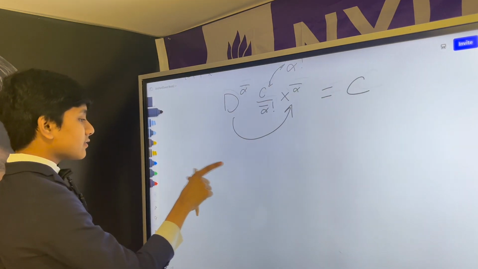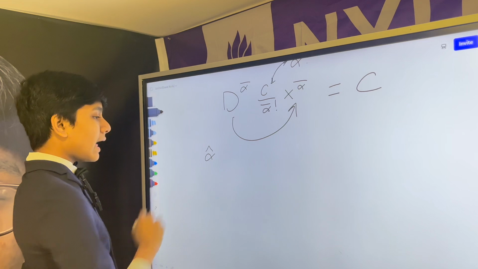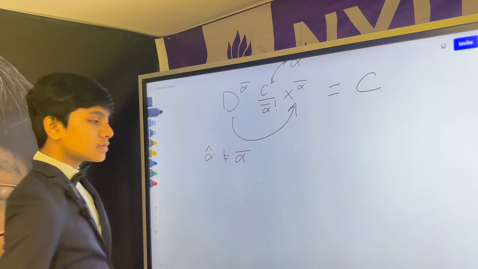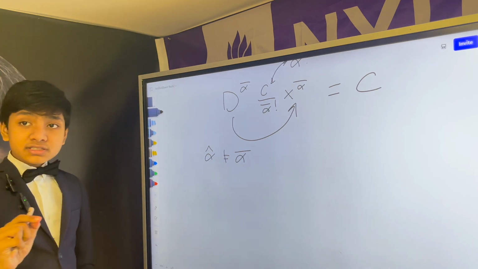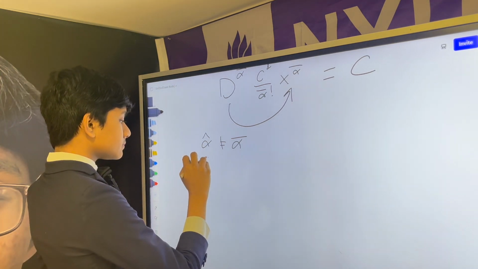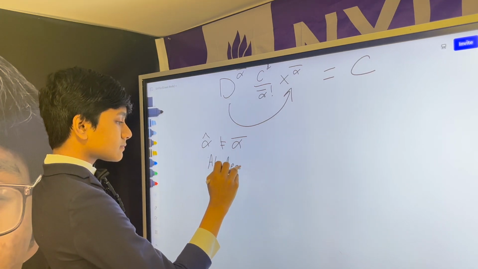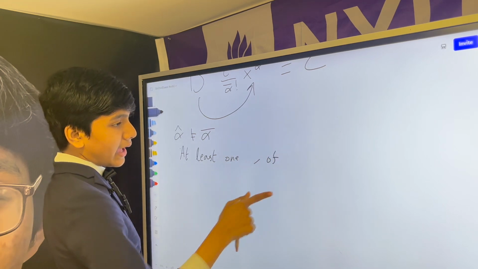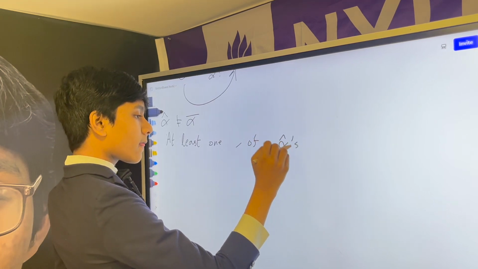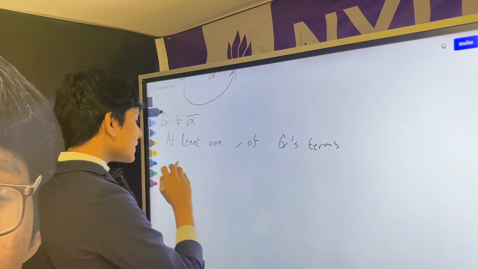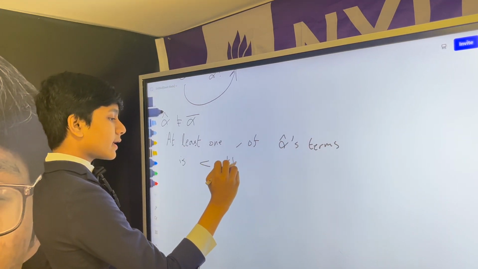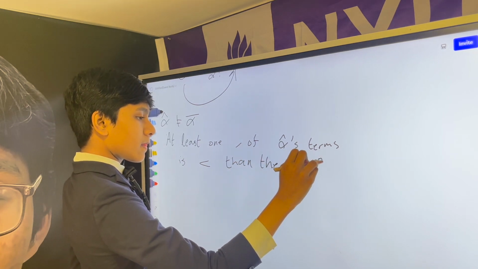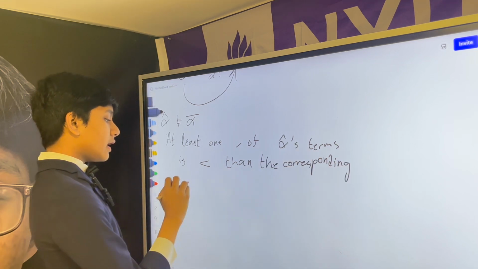Let's say we have some distinct alpha hat. So this is not the same multi-index. So at least one of alpha hat's terms is less than the corresponding alpha overline term.